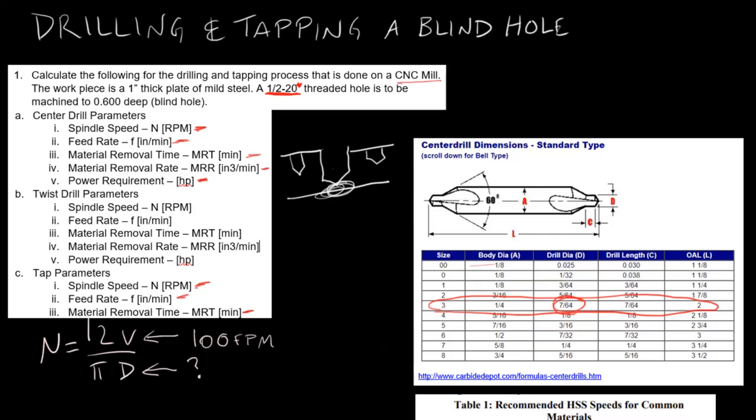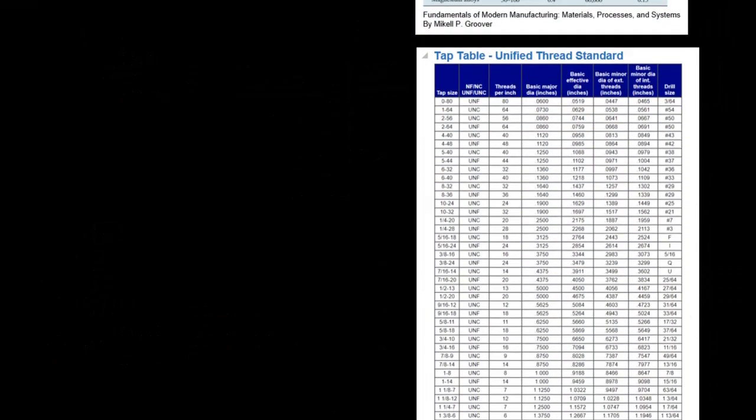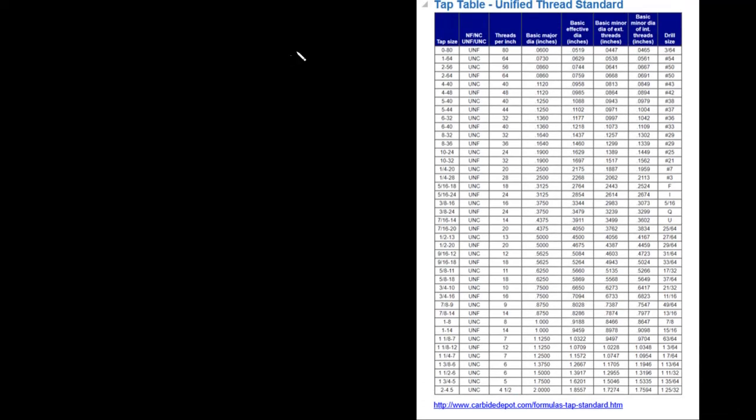Okay, so we're going to go to the tap table, which is down here. We're doing the half inch by 20. So that's a fine threaded tapped hole. It has 20 threads per inch.